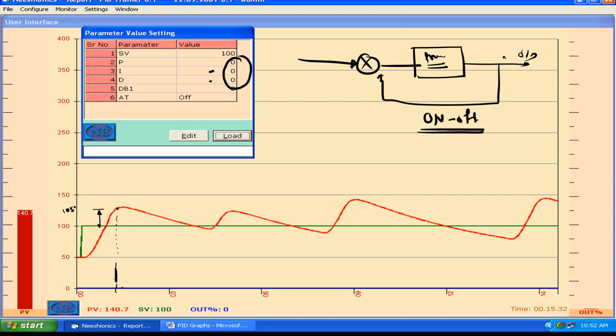It will remain off till the temperature drops to the lower limit. At this point, the current supply will be on. It will remain on till the maximum value. Again, it will go off.